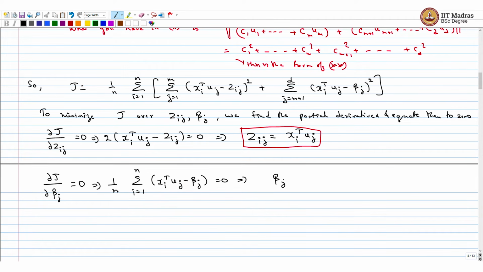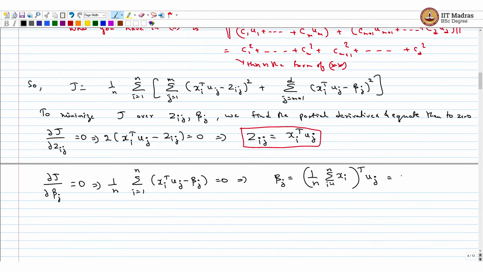This just implies, if I rewrite beta j, it is 1 by n summation i equals 1 to n of xi, transpose uj. This is what you would get.